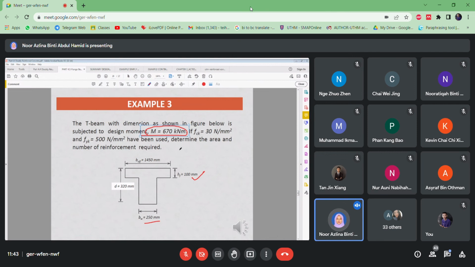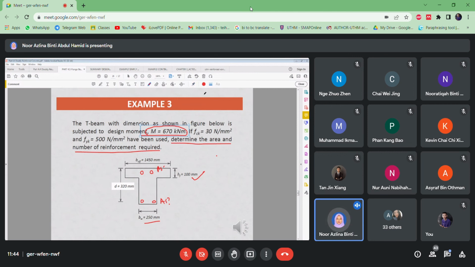So the question is, determine the area and number of reinforcement required. This T flange can be singly, can be doubly, which consists of AS prime.